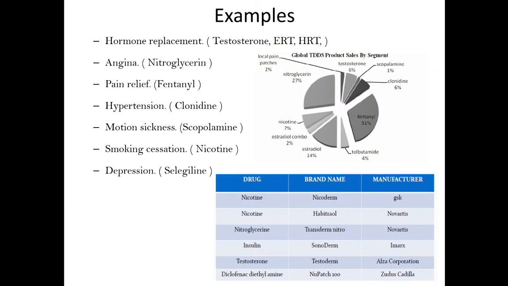Then nicotine-based products for smoking, scopolamine widely used for motion sickness, and some hormone replacement. So that is the class of drugs incorporated into transdermal drug systems. Here we gave the brand names and the manufacturers, like Novartis, Alza, Zydus, companies that produce transdermal drug delivery devices.